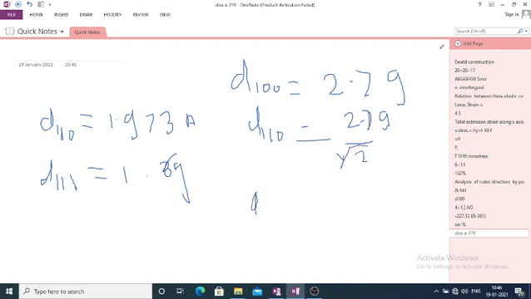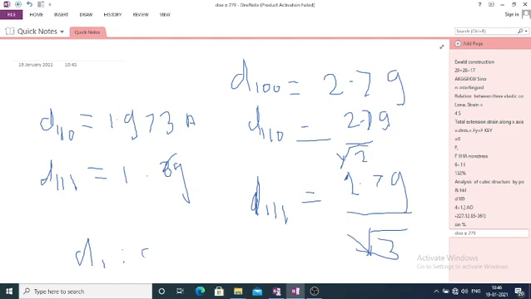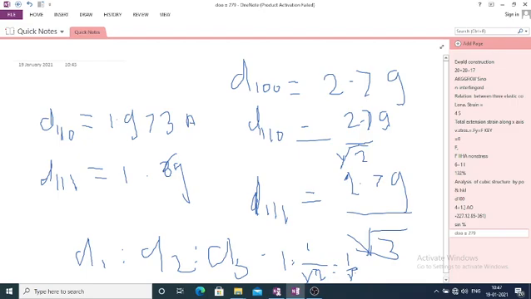And for d111, it is equal to 2.79 divided by square root of 3. That's why the ratio of d1, d2 and d3 is 1, 1 upon under root 2, 1 upon under root 3. So this is the ratio of our interplanar spacing.